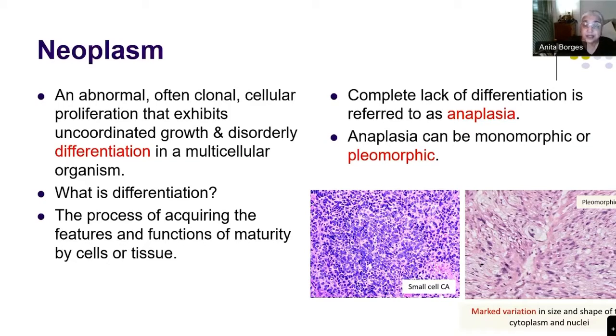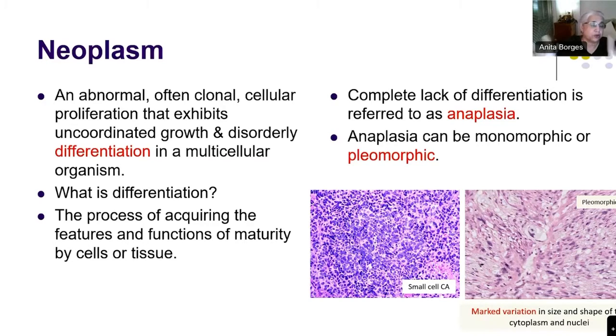All right, it's Ewing's. We've given it a name. We know that it will express these characters. Before we had immunohistochemistry, we knew that it occurred in the bone and it occurred in the soft tissues. And we gave it a name because it was not a lymphoma, it was not a small cell carcinoma, etc. But it is an undifferentiated tumor.